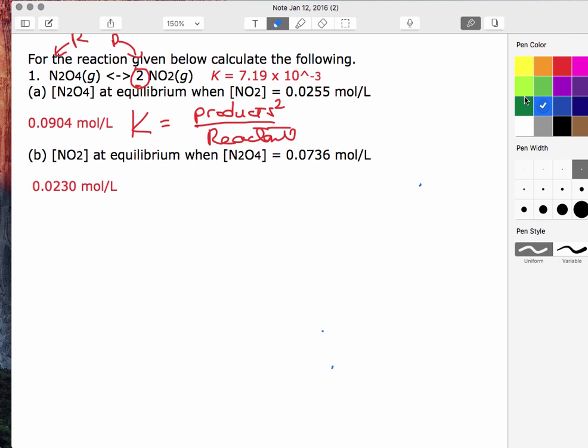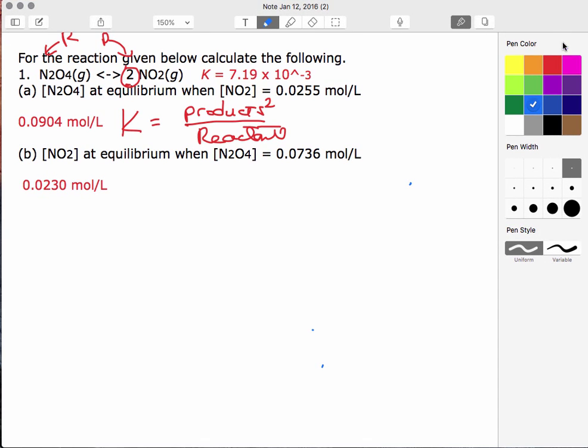But if we were to, what color do I like? I like purple. Purple sounds good. So we would do sort of the same thing, just a little bit changed around. We still have the K value, so the K value of 7.19 times 10 to the negative 3 is equal to, now remember in the numerator we have the product, NO2, squared.